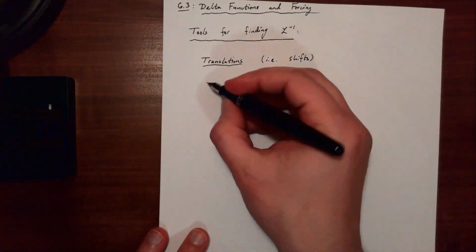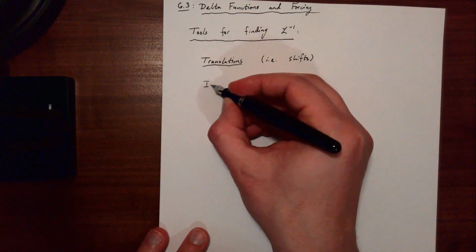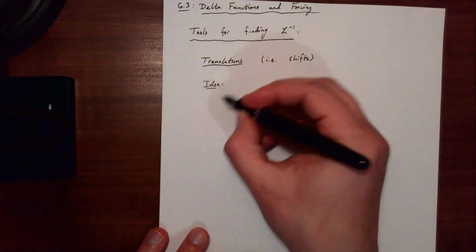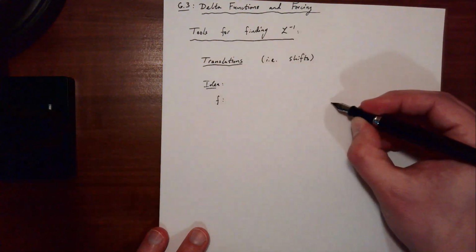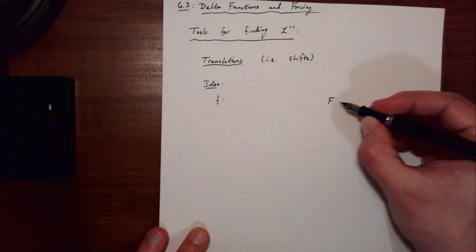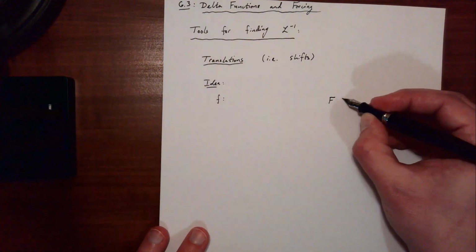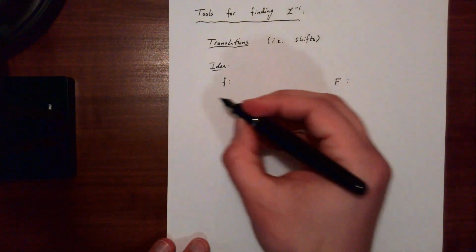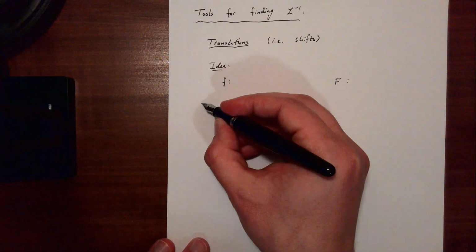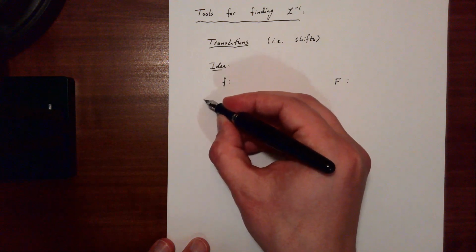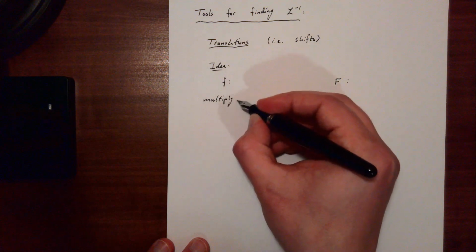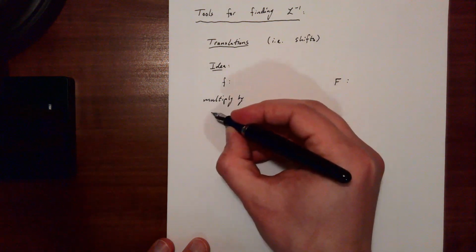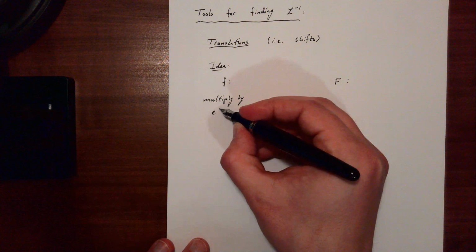All right. So the idea here is on the one side we'll have our function, and on the other side we'll have the Laplace transform of our function. And so here, what happens if we take our function and we multiply by e to the at?